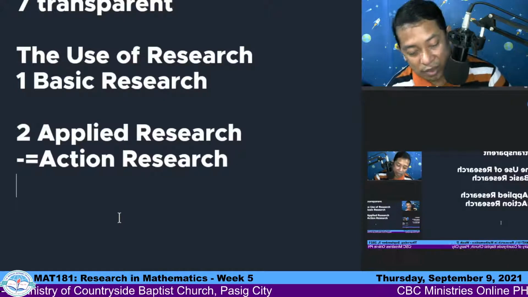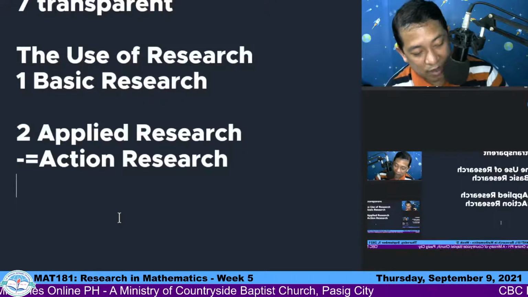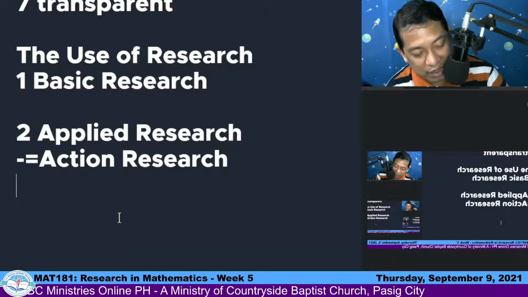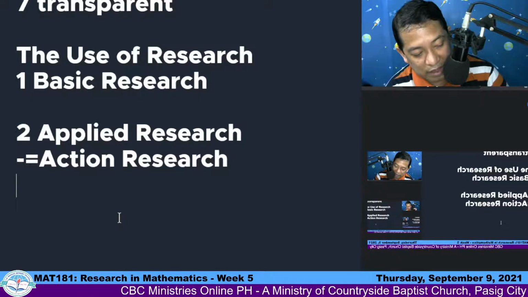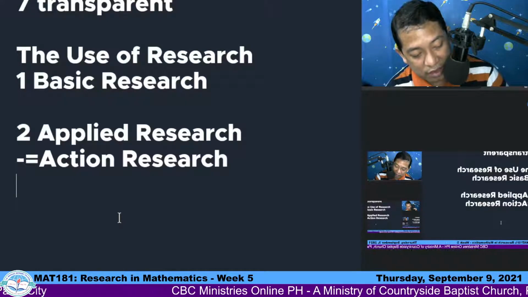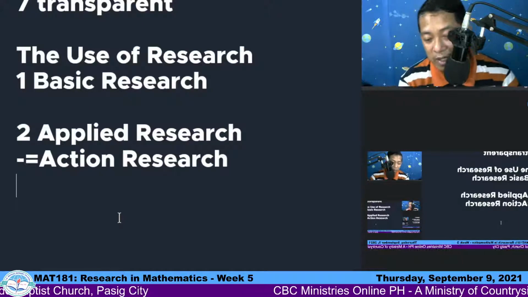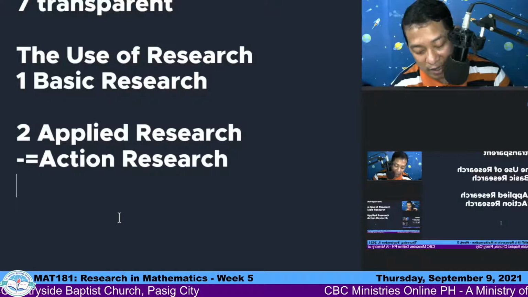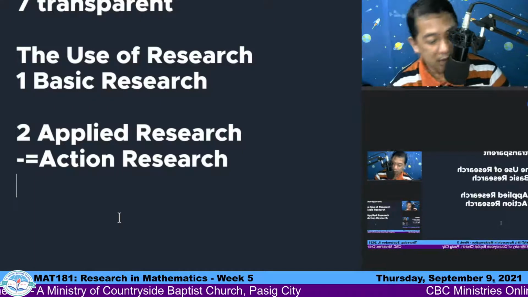That's why it's called action research. Relevance is guaranteed because the focus of each of the research projects is determined by the researchers who are the primary consumer or the one that will utilize that research. Yan po yan.